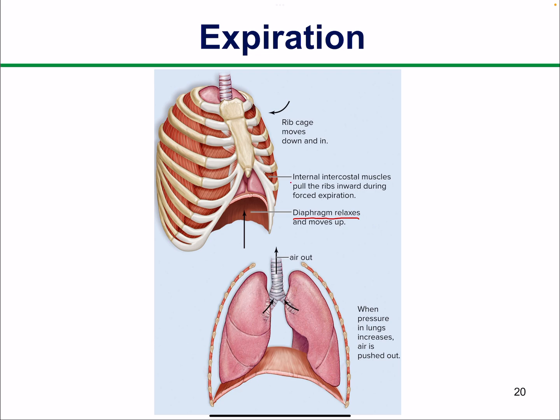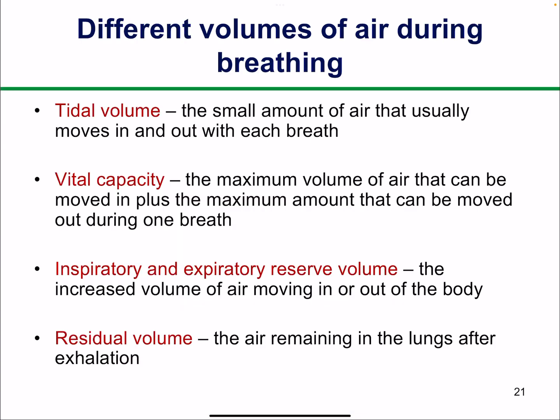The intercostal muscles are going to bring the rib cage inward. That movement altogether is going to force an increase of pressure, which is going to push air out. That's expiration or exhalation.